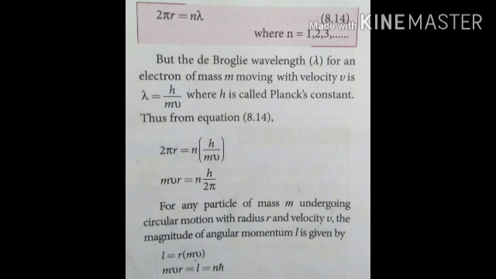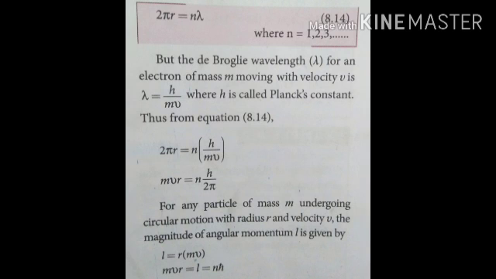The de Broglie wavelength of an electron, we know, is lambda is equal to h by mv. So from 2 pi r equal to n lambda, we can write 2 pi r is equal to n into h by mv. From this we can write mvr is equal to n into h by 2 pi.